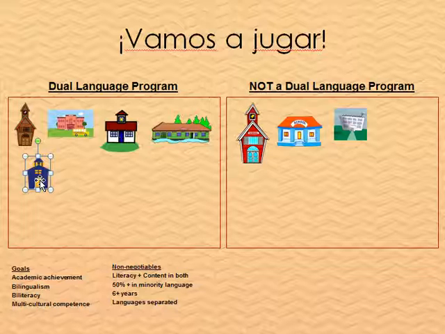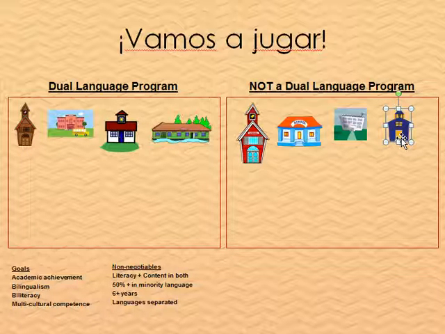So if a student, once they're successful, leaves the program, that tells me that maybe the goal of the program isn't bilingualism. It is to get them to have enough English so that they can be in the mainstream. Like if they're leaving the program once they're proficient, that sounds like mainstream is the ultimate goal. And so because of that line, I'm going to move this over to not a dual language program.